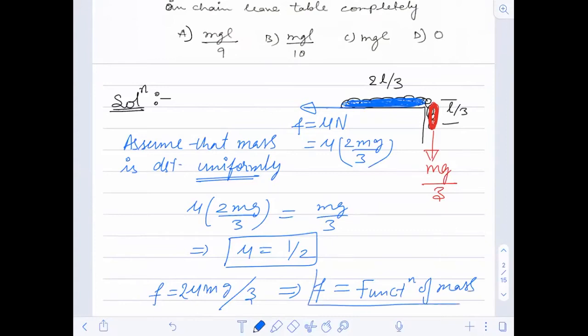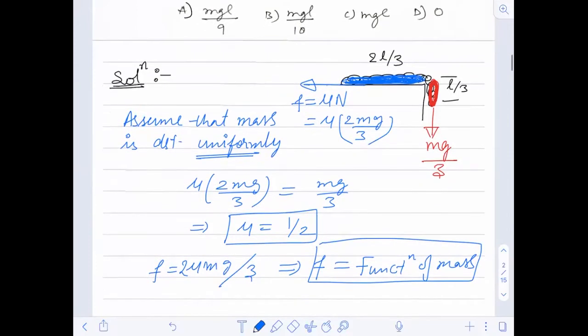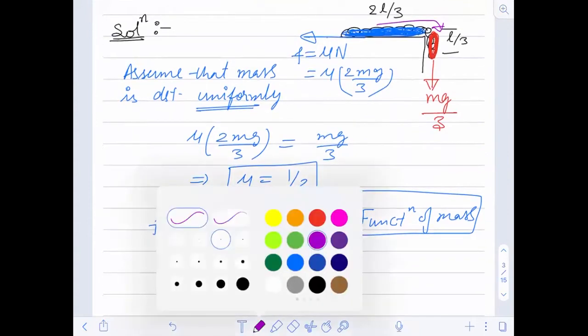Yes. As this mass moves down, this friction force also reduces. Why? Because mass gets reduced, and so the friction force will also get reduced. So actually this frictional force depends upon mass, and mass depends upon the length which is on the table. So I can write the equation now.